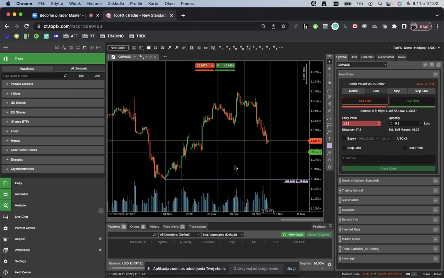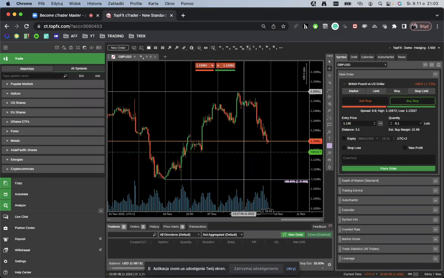Again, if you want to trade the breakout of this high, you need to place the buy stop order, right? Because you want to buy, you want a buy stop pending order. So what you do, you go to the stop, you place buy stop. That's the cross chart.